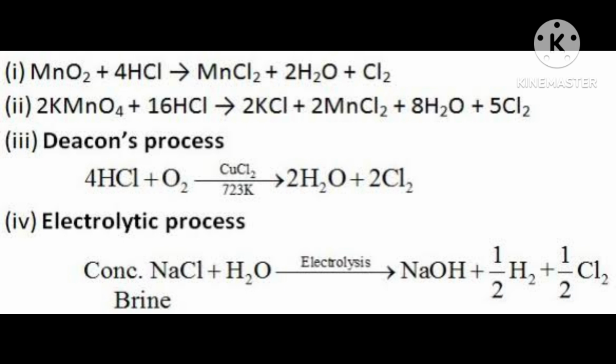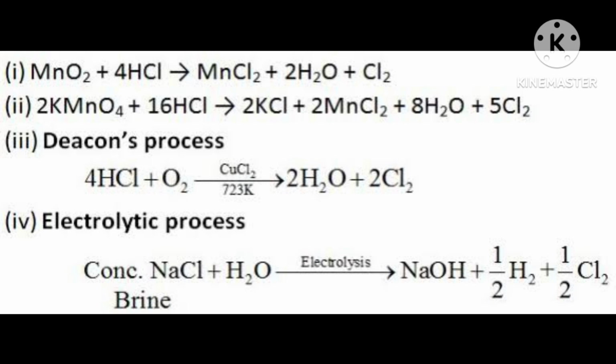The balanced reaction is 4NaCl plus MnO2 plus 4H2SO4, which gives MnCl2 plus 4NaHSO4, sodium hydrogen sulfate, plus 2H2O plus Cl2.